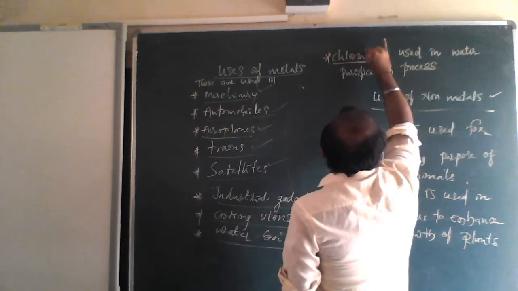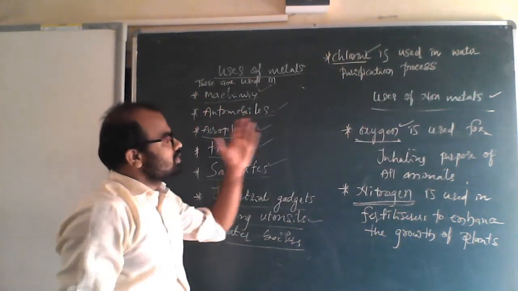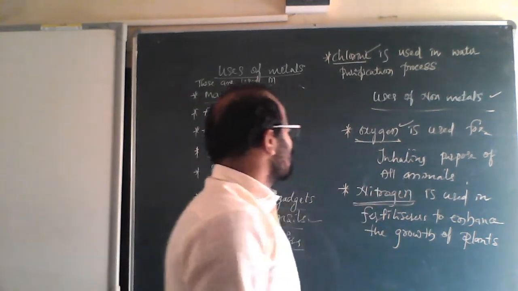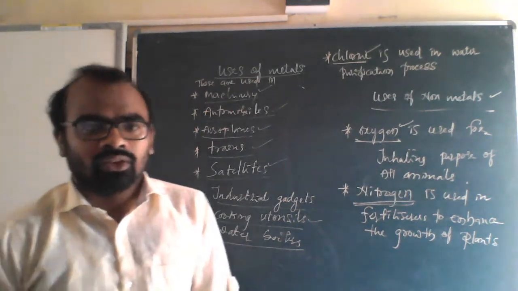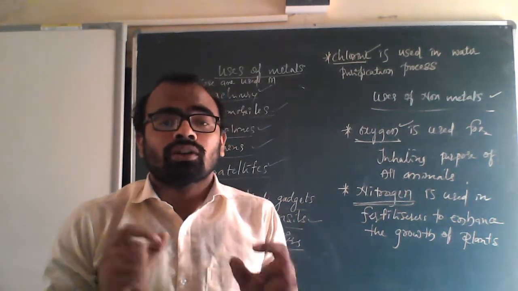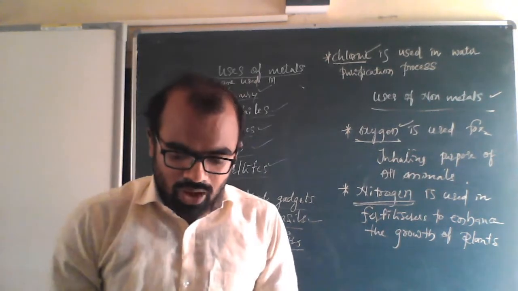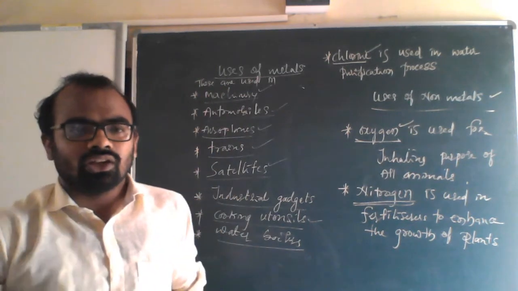So you should remember this. Chlorine is used in water purification process. Oxygen is used for inhaling purpose of all animals. Nitrogen is used in fertilizers to enhance the growth of plants. So chlorine is used in water purification process. Okay. So you have to just write non-metal used in water purification process. You just write there chlorine.